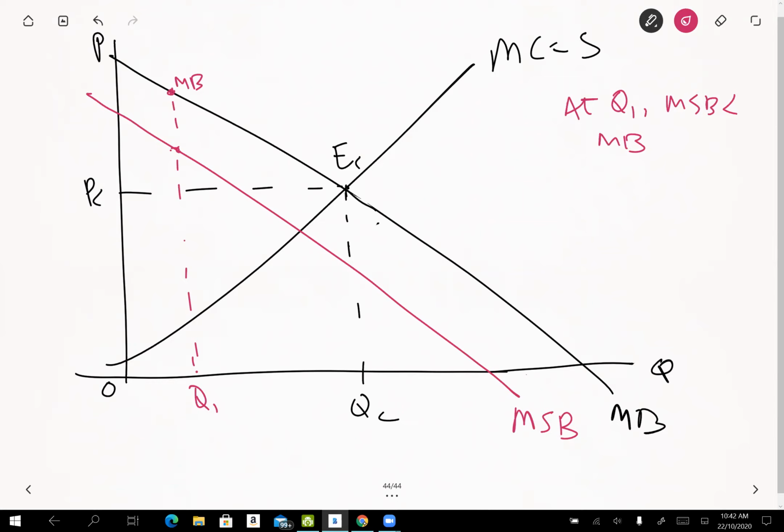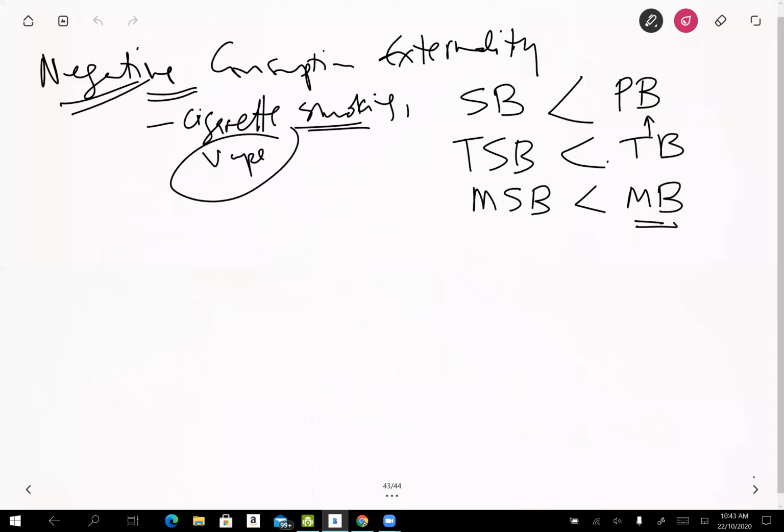So we look at the social equilibrium over here, social equilibrium ES. You got QS. You got PS. All right. Now the next thing is, what is the difference between the marginal social benefit and the marginal benefit?